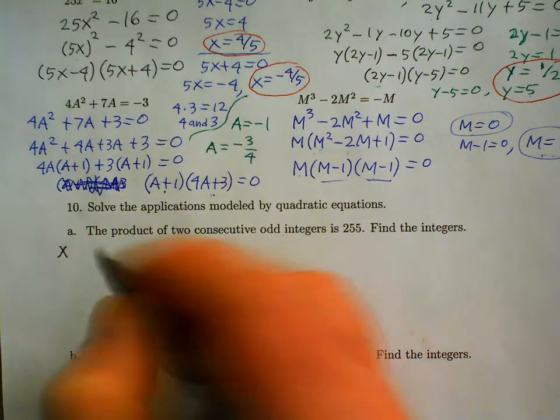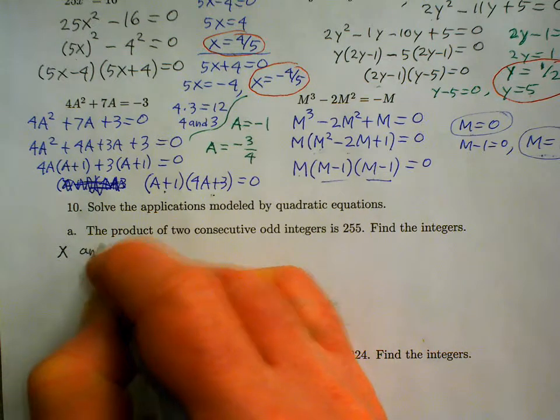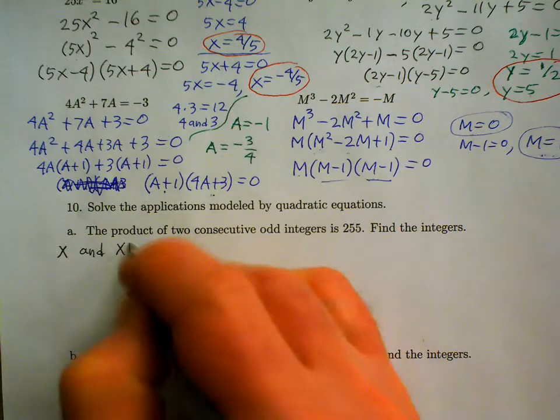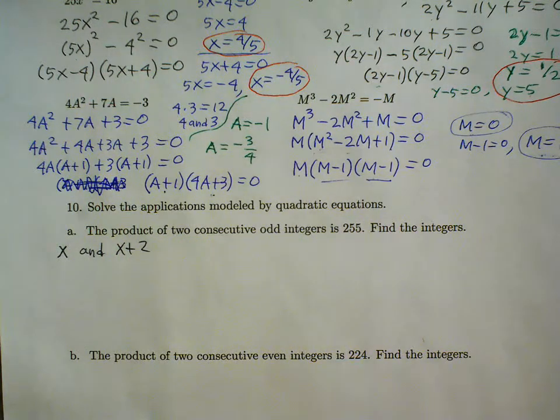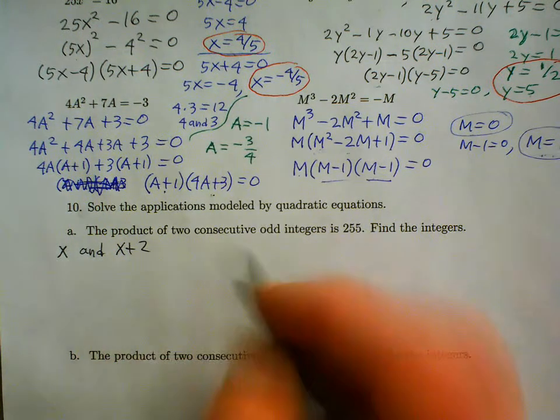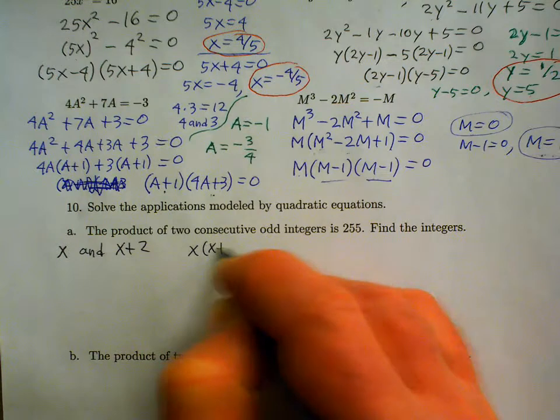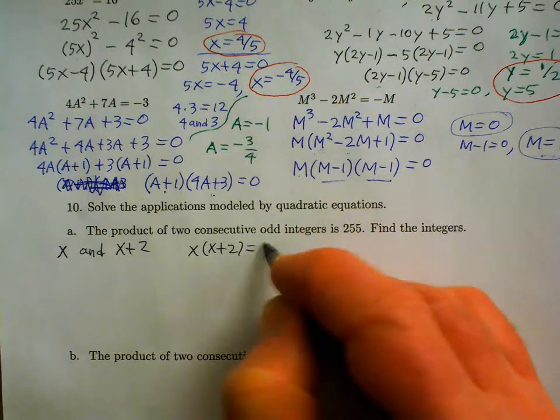One way to do it is to say that x and x plus 2 represent two consecutive odd integers. You could also write x and x minus 2 if you prefer, but either way, you'll get the same results. The product, x times x plus 2, is equal to 255.